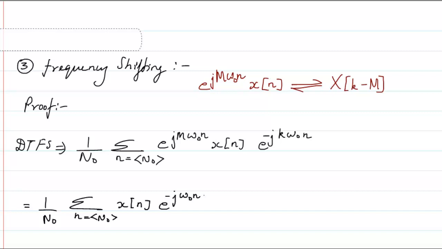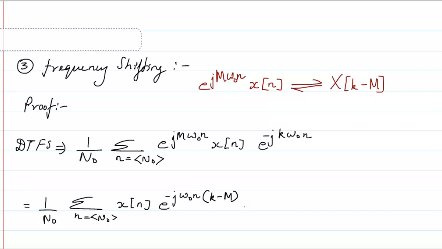I will write omega naught n common, because here also omega naught n is common with this particular function, and here you can see that it is plus m, so I should write minus k plus m, but minus is common here, so I will write k minus m.